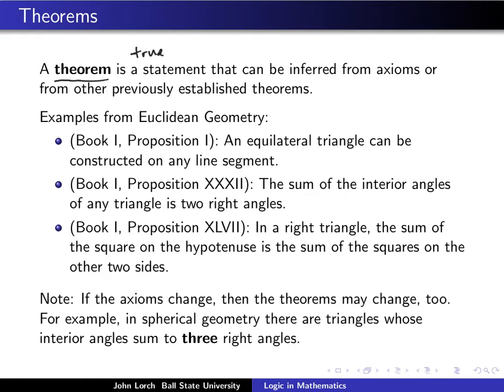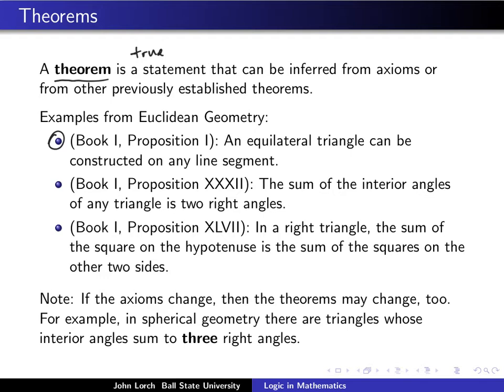On the previous slide, we had the axioms from Euclidean geometry, and on this slide, we have some examples of theorems that occur in Euclidean geometry. The very first example is interesting. It is the very first theorem in Book 1 of Euclid's Elements, the very first theorem that follows these axioms.